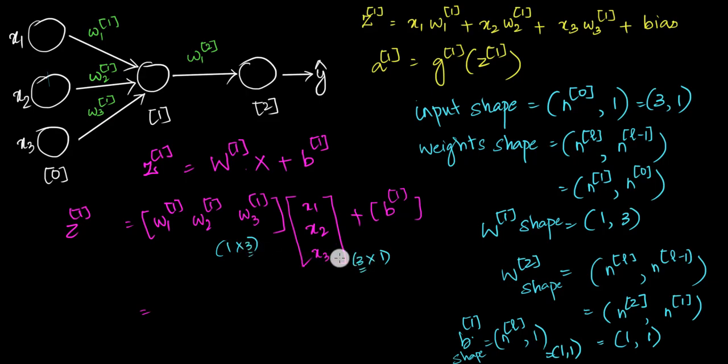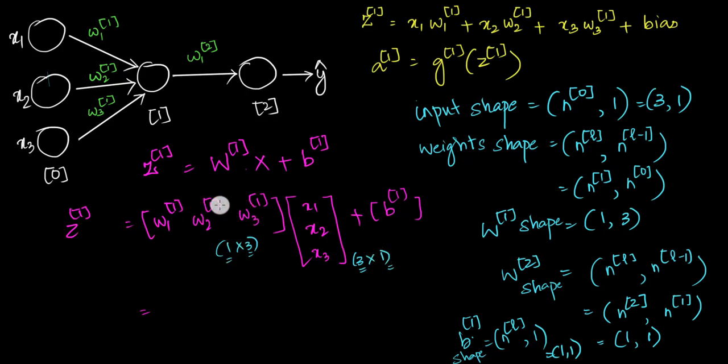Only when this condition is satisfied is matrix multiplication possible, and the resultant matrix will be of the shape 1 by 1. So the number of rows of the first matrix and the number of columns of the second matrix give the shape of the resultant matrix.